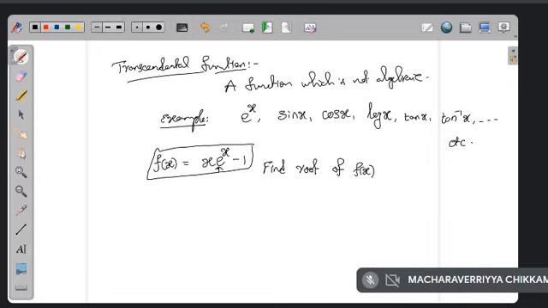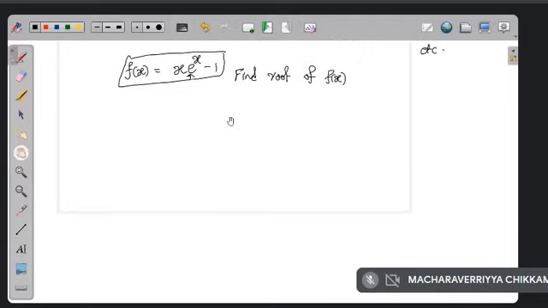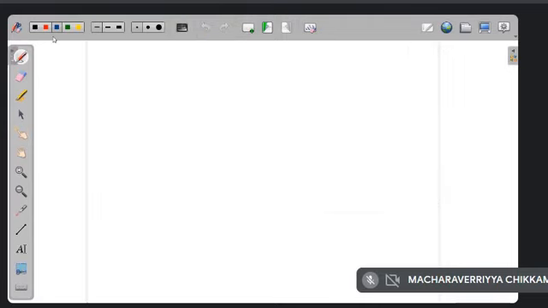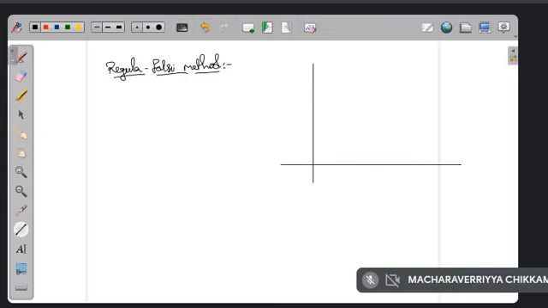Now let me discuss the other two methods. Yesterday we had the bisection method, right? Now we are going to see the regula falsi, also named the false position method.